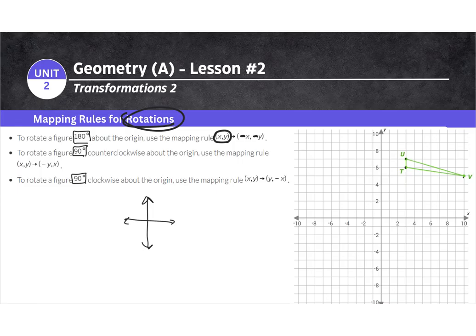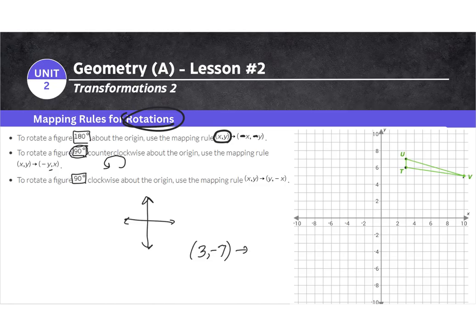Now for the next rule, this rule is for you to rotate a figure 90 degrees, but counterclockwise. So remember, counterclockwise is the opposite of a clock, right? So you're kind of turning to the left there. But your mapping rule is for every point that's given. So let's say 3, -7 is a point on your image that's given.